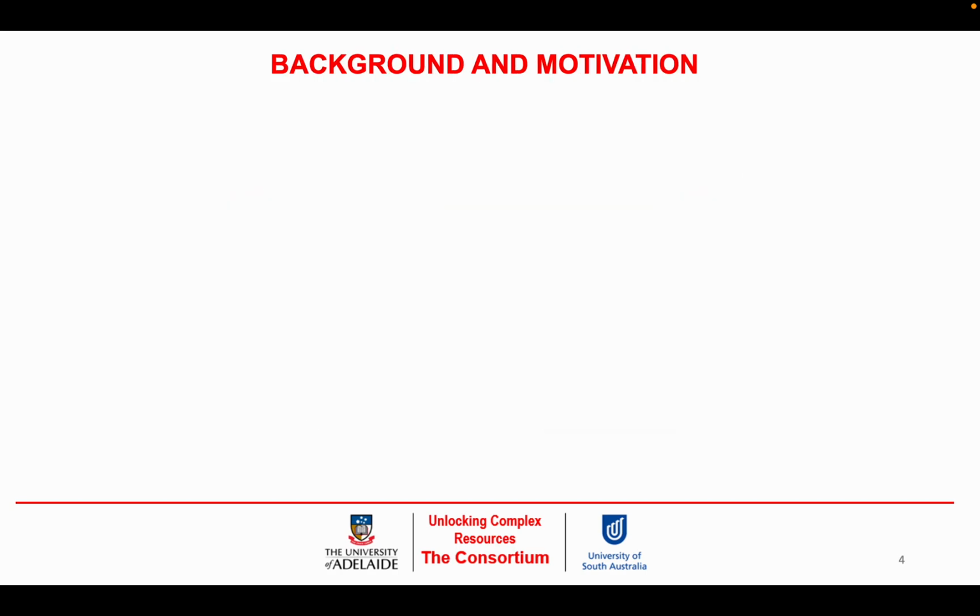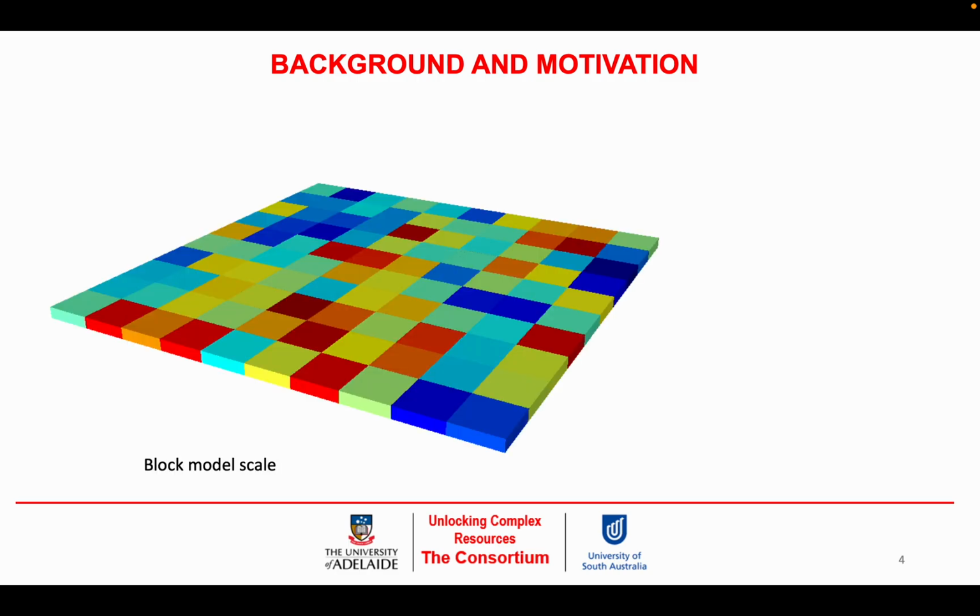The concept of heterogeneity is well known in mining. Usually we use this term to describe the phenomenon that in a deposit, the mineral or metal is not uniformly distributed in space. For example, we have a block model here. If we select these two blocks to mine, they might end up with one goes to the processing as an ore block, while the other one goes to the dump as a waste block.